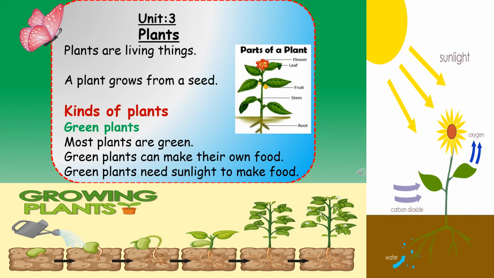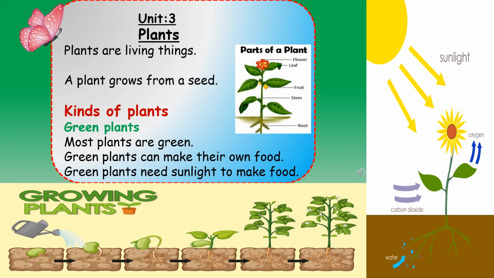Okay dear students, I have tried my best to tell you something about photosynthesis because you are in grade 1 and it's enough for you to know that green plants can make their own food and they need sunlight to make their food.